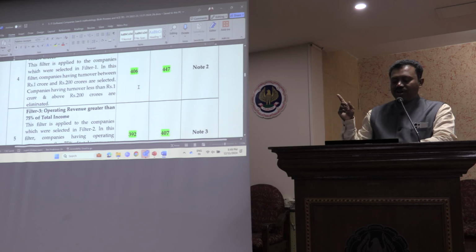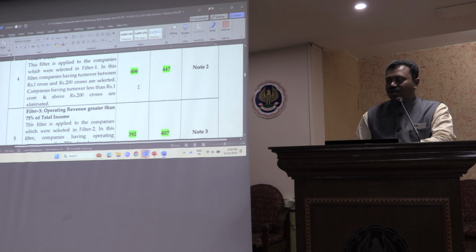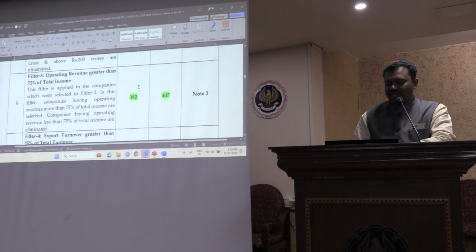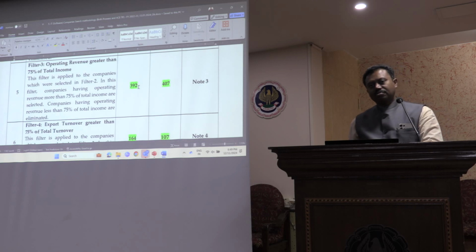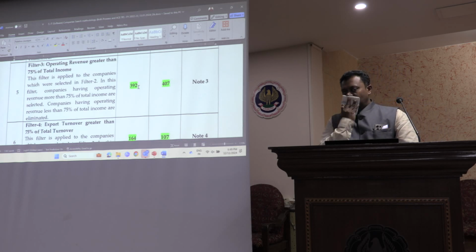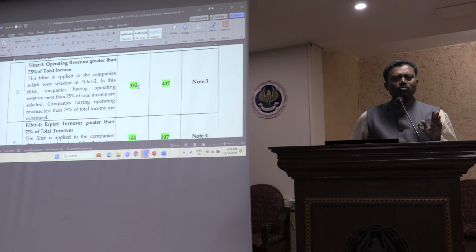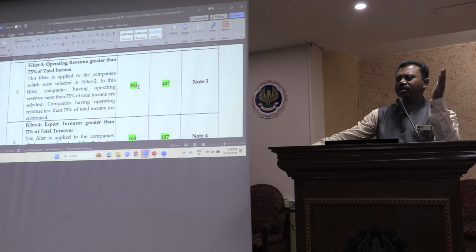After this filter, we are reduced to 406 and 447 companies. Then we have taken operating revenue greater than 75% of the total income. Why is that? See, normally you are holding in subsidiary companies.